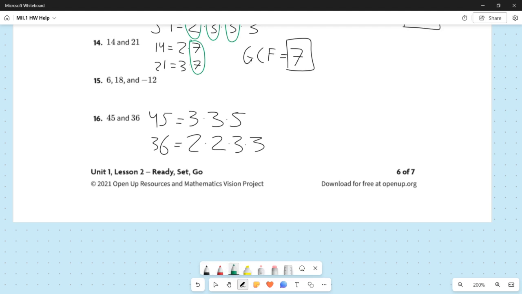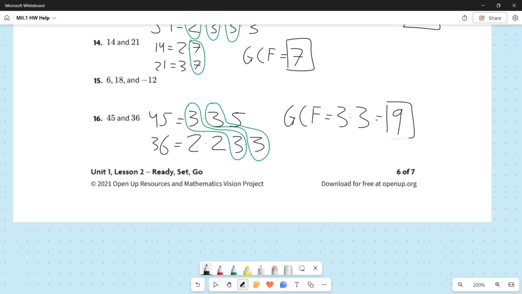So now again, we say, all right, what do they have in common? So we have a single 3 right there. We have another 3 right there. And that is all that they have in common. Therefore, our GCF is going to be 3 times 3, which hopefully you know is 9.